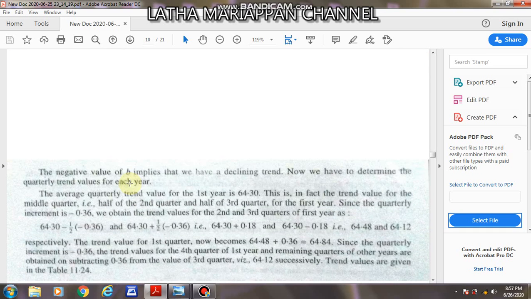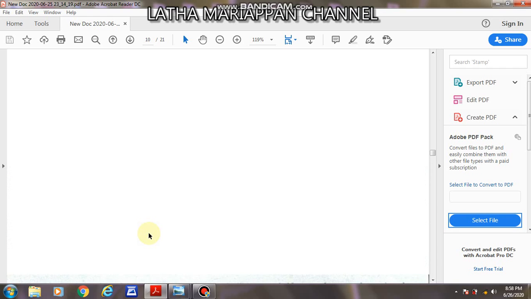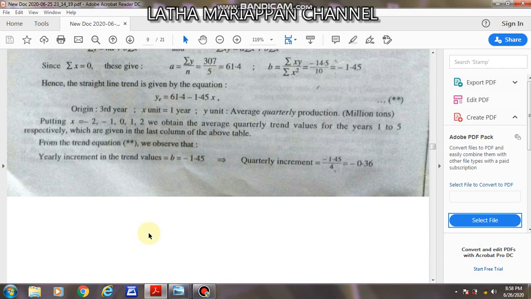This is our calculation. See, for quarterly increment, how much did we get? Minus 0.36 we got, no? So here I'll show you. Here, this one. So the yearly increment is 1.45 and the quarterly increment is minus 0.36.